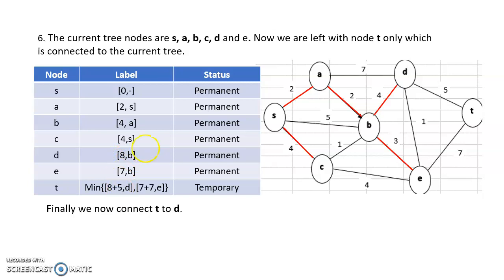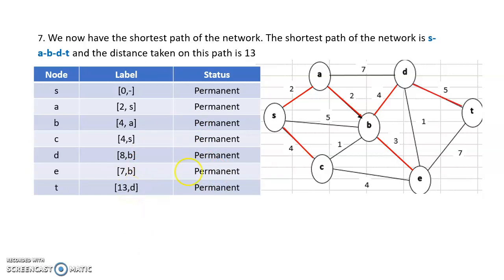So the minimum is occurring at 8 plus 5, which is 13, and it should be connected with D. So in this table, all the nodes become permanent, and now T is connected with D, and the total distance to T from S is 13.